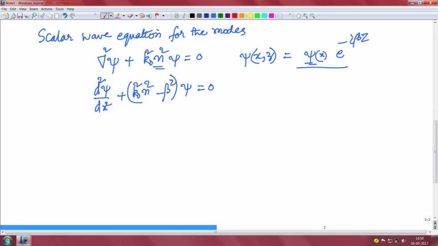We can split this differential equation into 3 portions, psi 1, psi 2, psi 3, one in each of these regions.